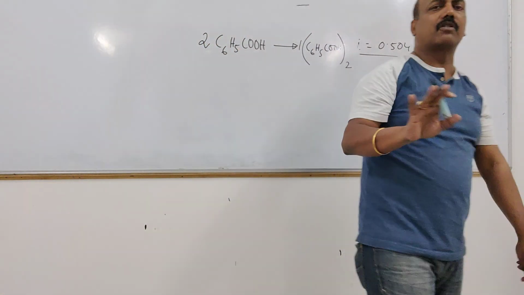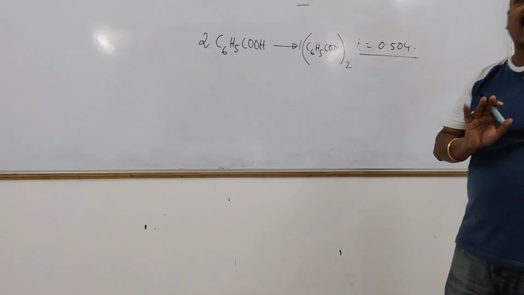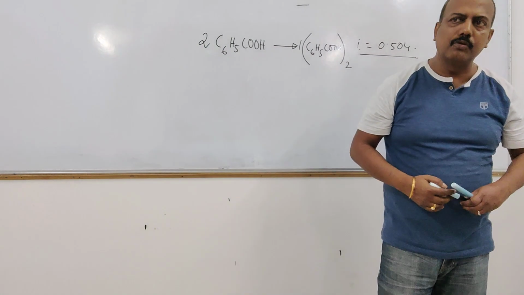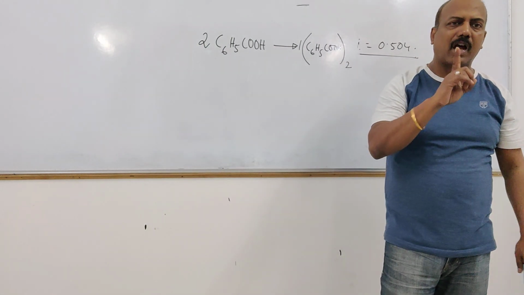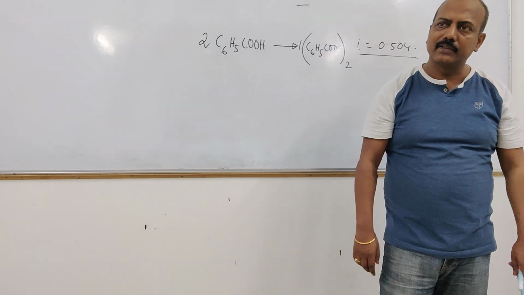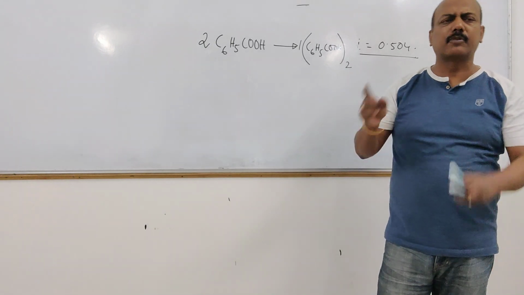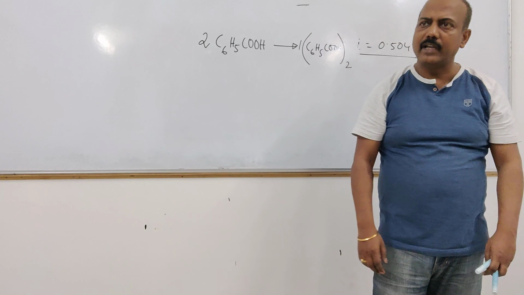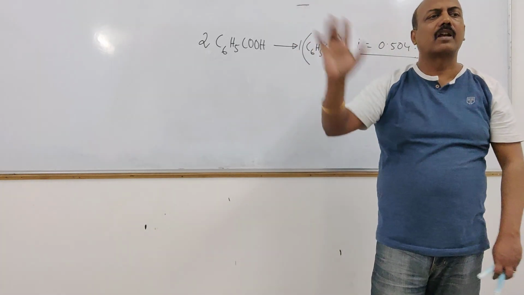You understood that or not? First you tell me, is that dimerization? 2 molecules becoming one particle. Yes? Suppose 2 hydrogen atoms become H2. Fine? So 2 is becoming one particle.